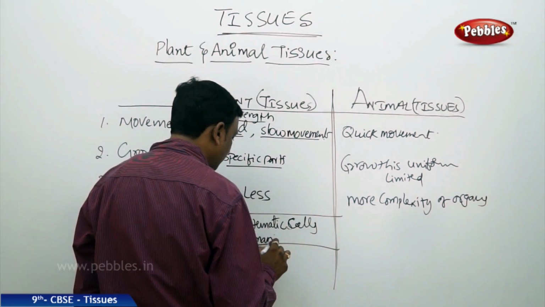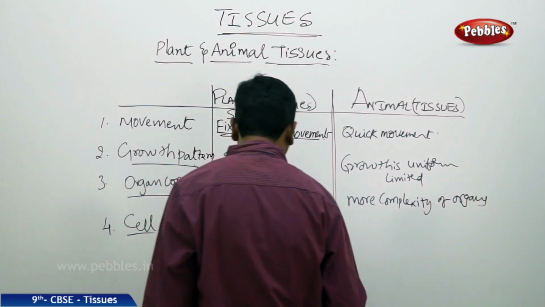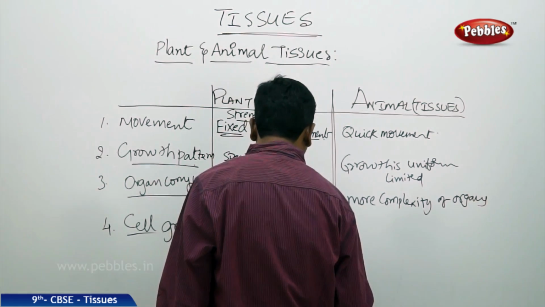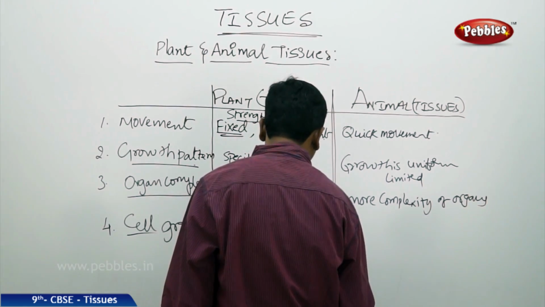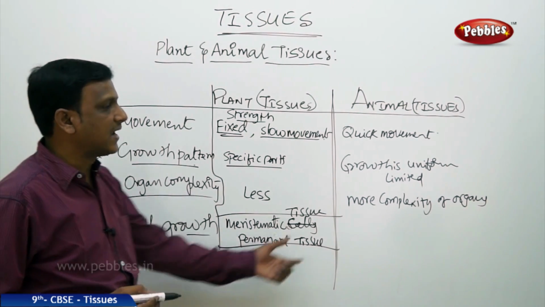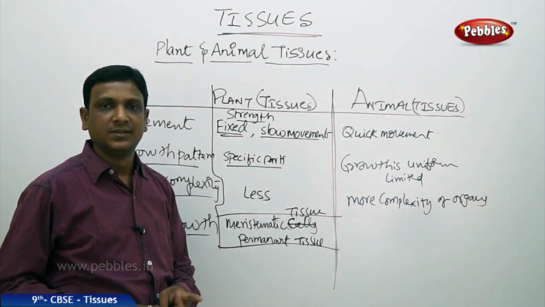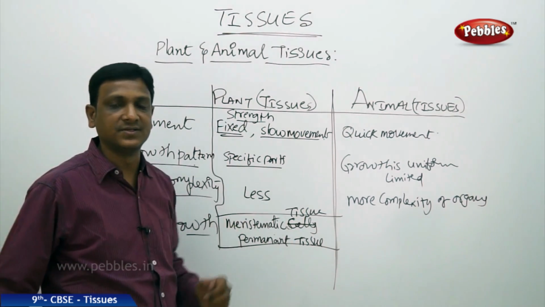So on the basis of the division of cells, they are categorized into meristematic tissue and permanent tissue. But the growth pattern in animals is different. So these are the reasons why plants and animals have different kinds of tissues.